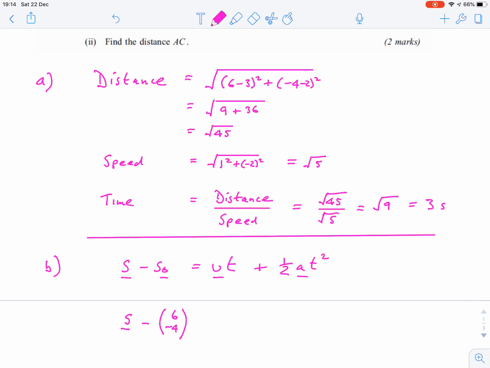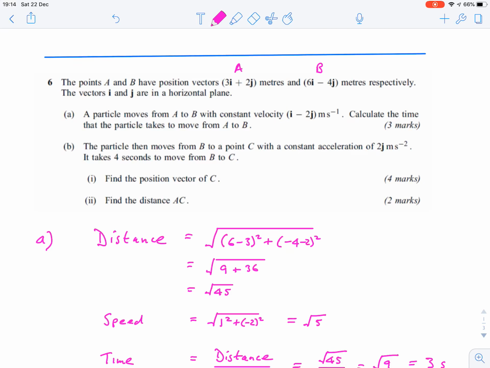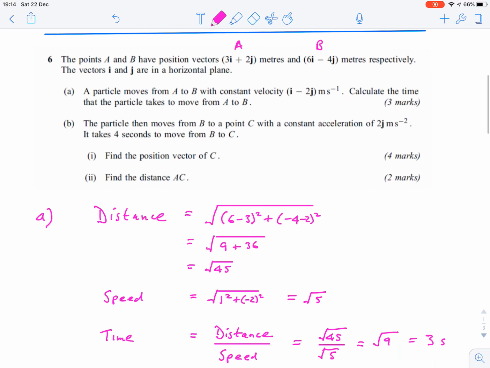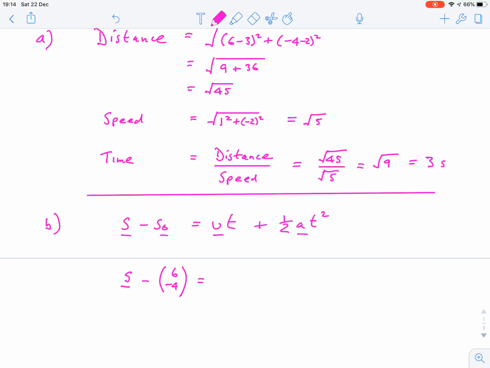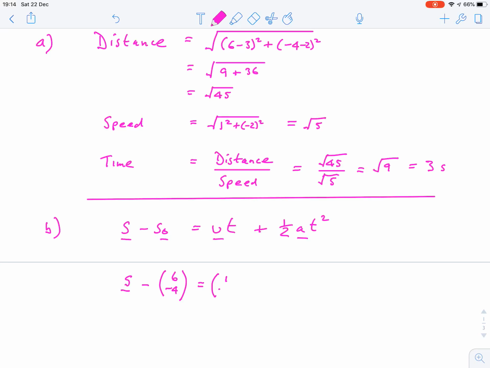So I'm going to write s minus (6, minus 4). It's awful dealing with i's and j's, too many letters kicking around, much better to use column vectors. s minus (6, minus 4) is equal to u, the initial velocity. The velocity when it got to B was i minus 2j, so that will be the initial velocity, starting to measure time from B. So that was (1, minus 2) multiplied by t plus a half.